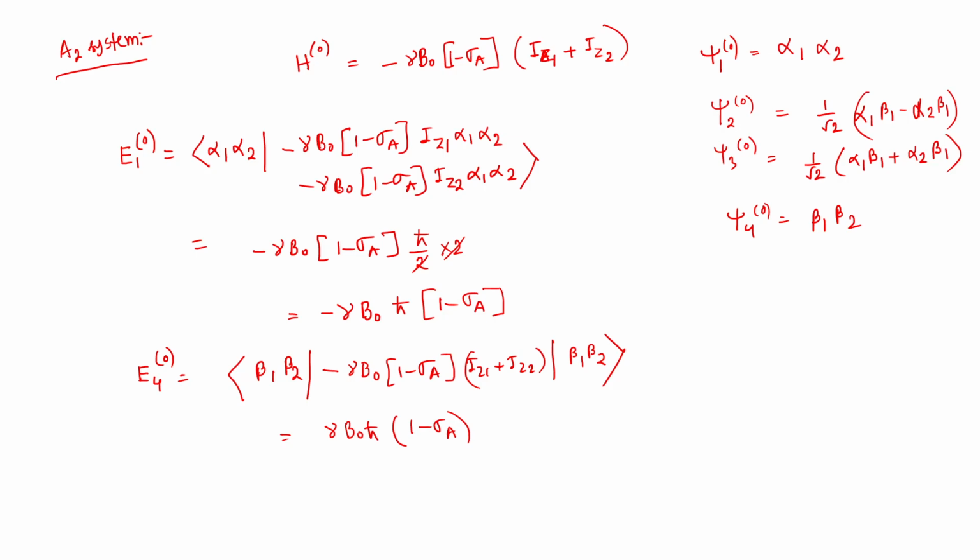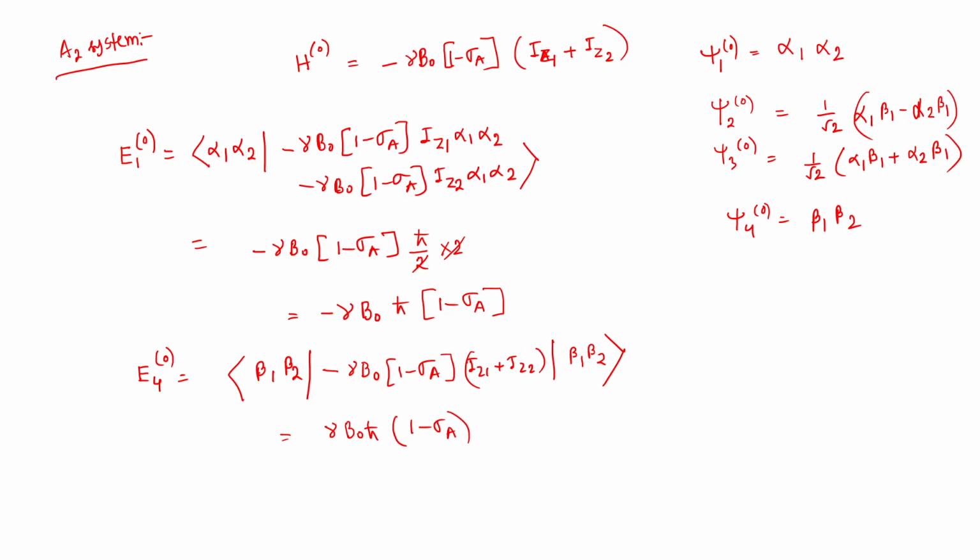Now we got the energy levels when there is no coupling, of course. And here one more thing I have missed out: the wave functions look something like alpha 1 alpha 2, beta 1 beta 2, but in between, the second and third have both alpha 1 beta 2 and alpha 2 beta 1, and as they are indistinguishable, you have to take a linear combination of both: alpha 1 beta 2 minus alpha 2 beta 1, and alpha 1 beta 2 plus alpha 2 beta 1.